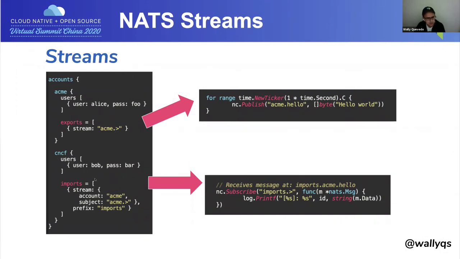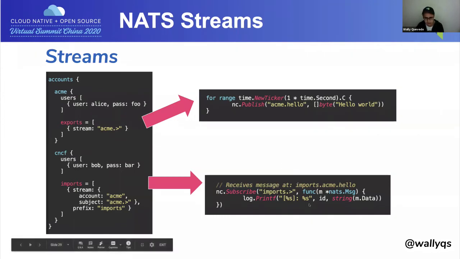And the CNCF account can import from the ACME account the ACME subject with an import prefix to receive all the events. So now we can have a ticker just publishing those events on any subject after ACME, and then the subscriber on the CNCF account is going to be receiving those events.